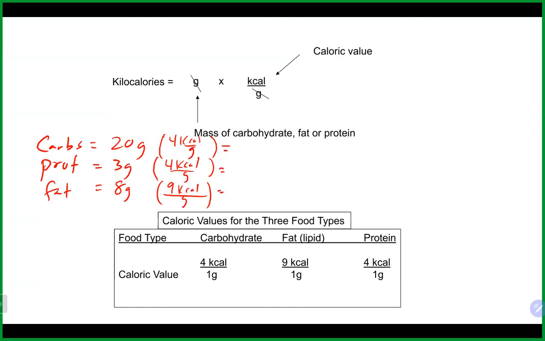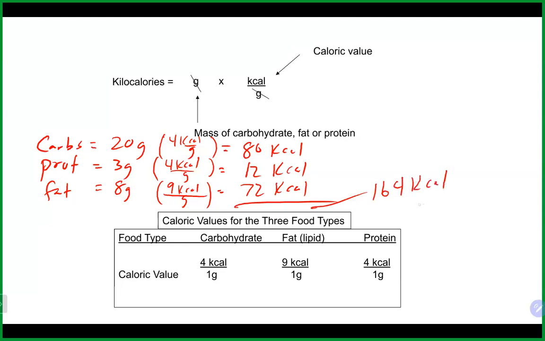That's going to give us 80 kilocalories, 12 kilocalories, and 9 times 8, which is 72 kilocalories. If we add all those together, 72 plus 12 plus 80, there's approximately 164 kilocalories, or calories, in that.